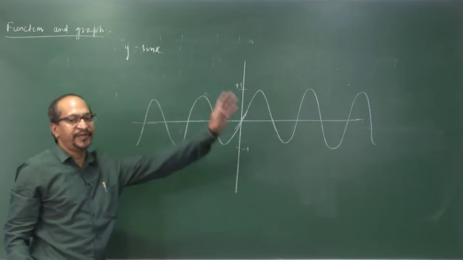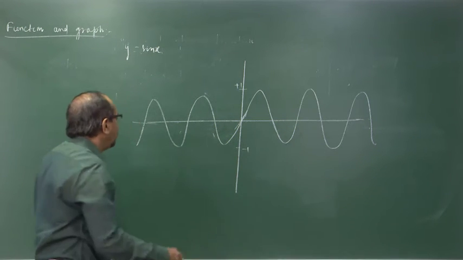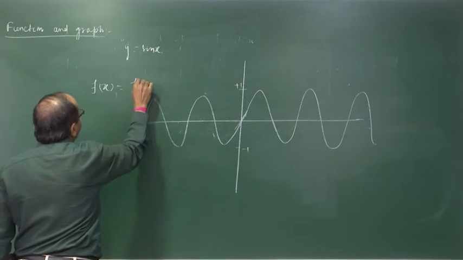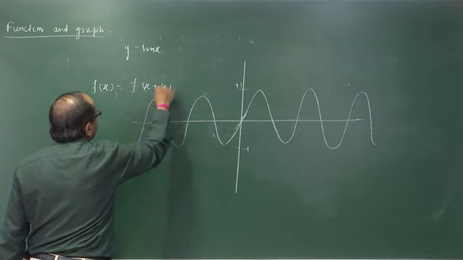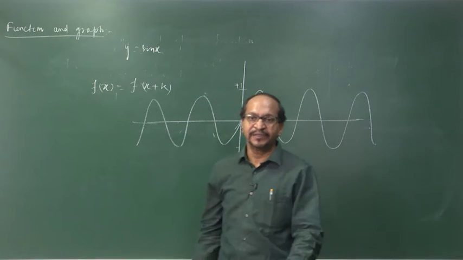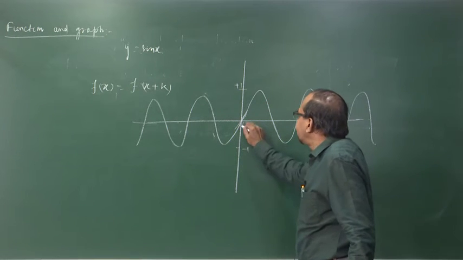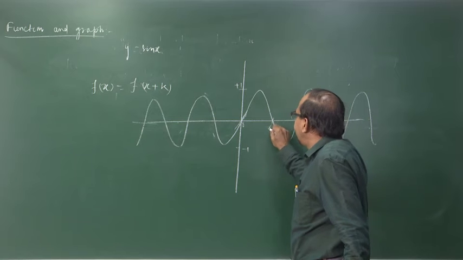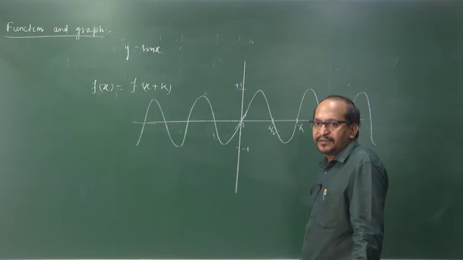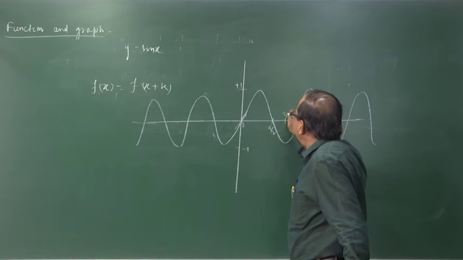The function is a periodic function. This kind of function is called a periodic function. When f of x is equal to f of x plus k, meaning after a particular value of x the function repeats, then that kind of function is called a periodic function. You can see here x is equal to 0, here it is pi by 2 if I take radians, and then it is pi, and of course 3 pi by 2.